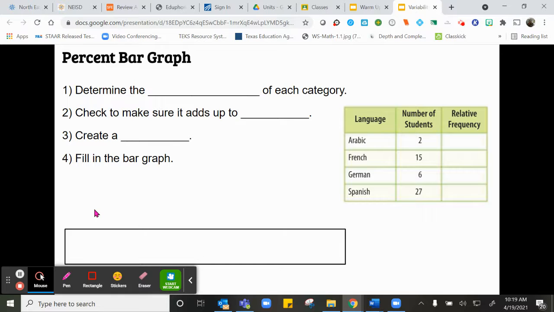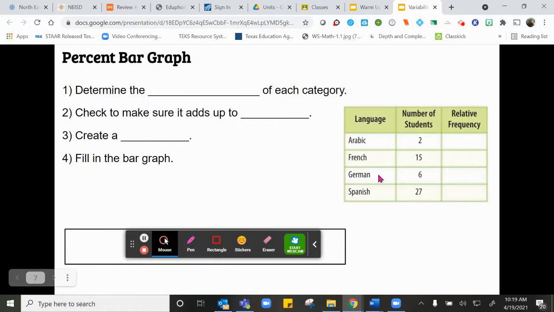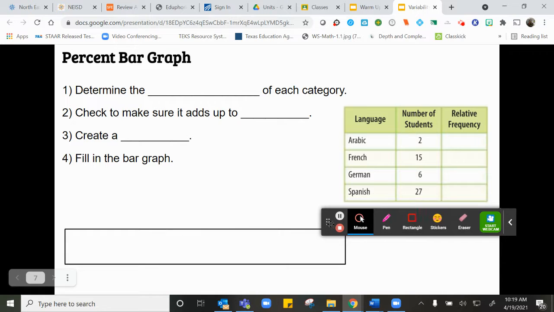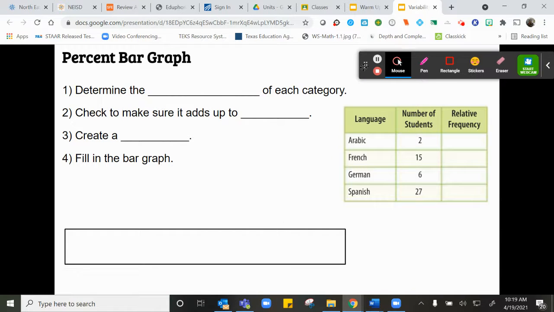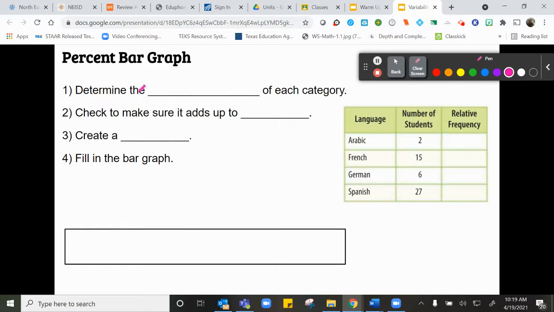All right, and the last thing we're going to talk about is a percent bar graph. A percent bar graph is made using percents. So the first thing we're going to have to do is determine the percent of each category.